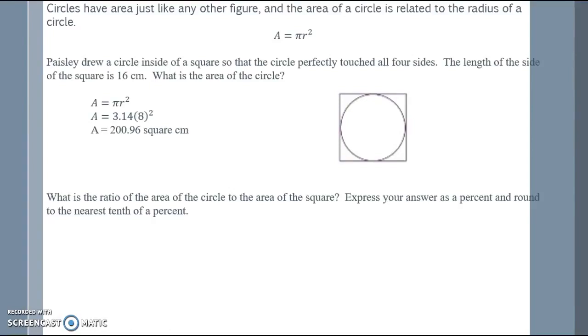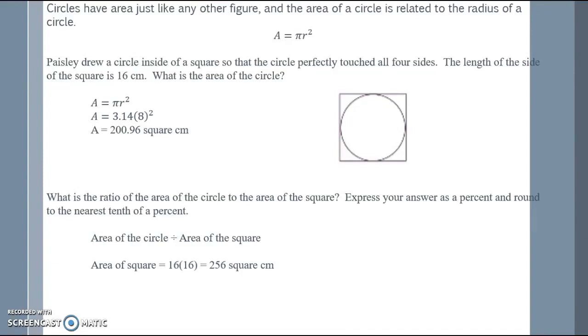What is the ratio of the area of the circle to the area of the square? Express your answer as a percent and round to the nearest tenth of a percent. Well, we already know that the area of a circle is 200.96. We can divide that then by the area of the square, which we can find as well.